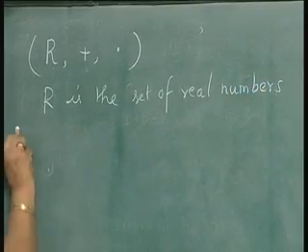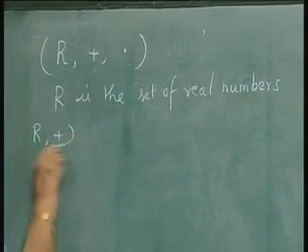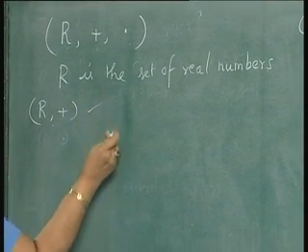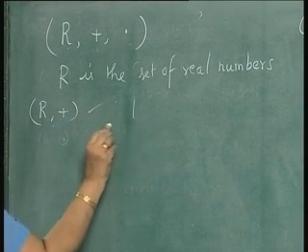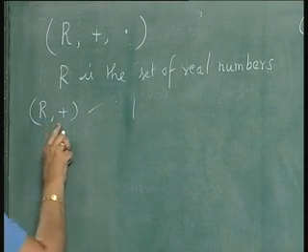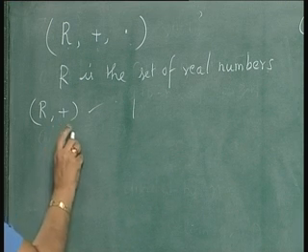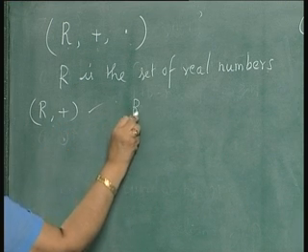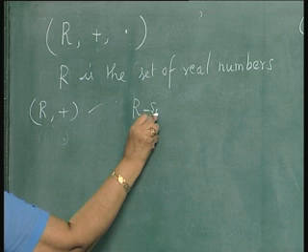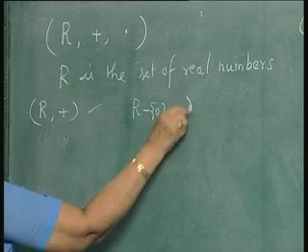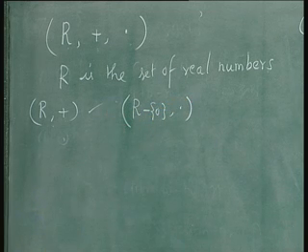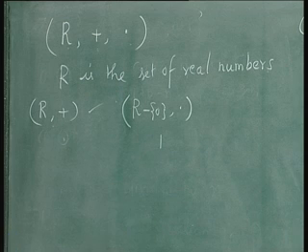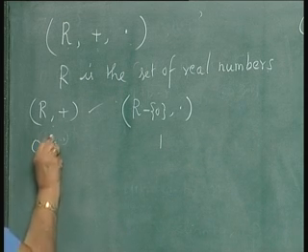Then you see that (R, +) is an abelian group, that condition is satisfied. What is the additive identity? 0 is the additive identity, and (R minus 0, ·) will be a group where 1 is the multiplicative identity.